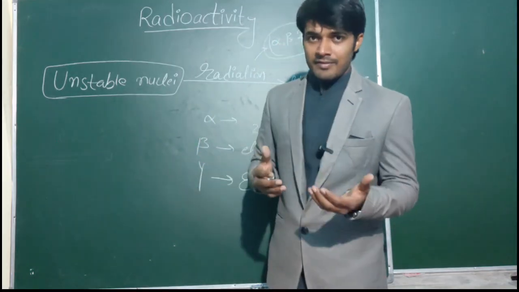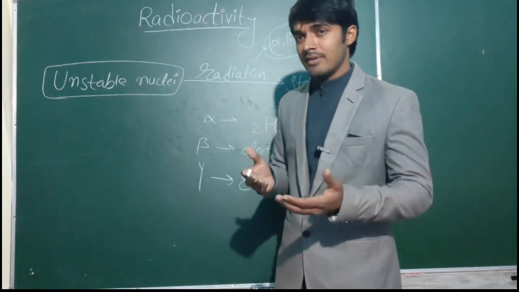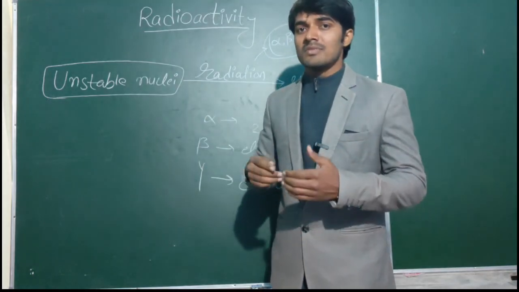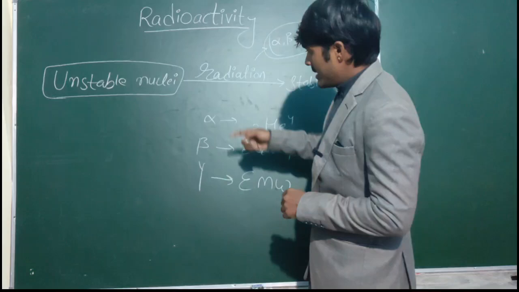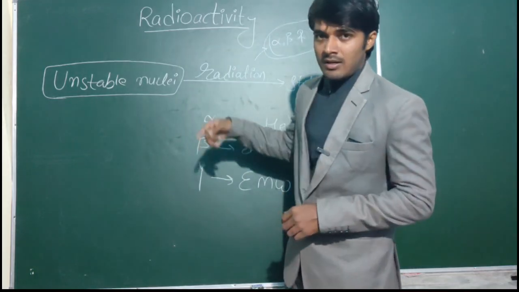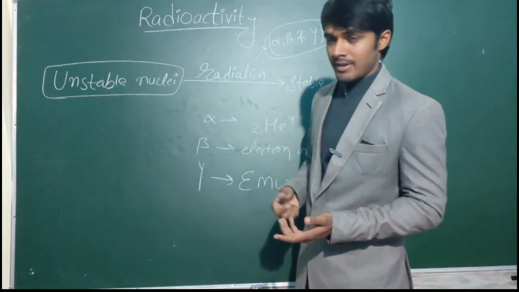And the other is the PN graph. When the proton and neutron ratio is altered in the nucleus, then also it becomes unstable, and at that instant also the nucleus has to emit one of these radiations to become stable.